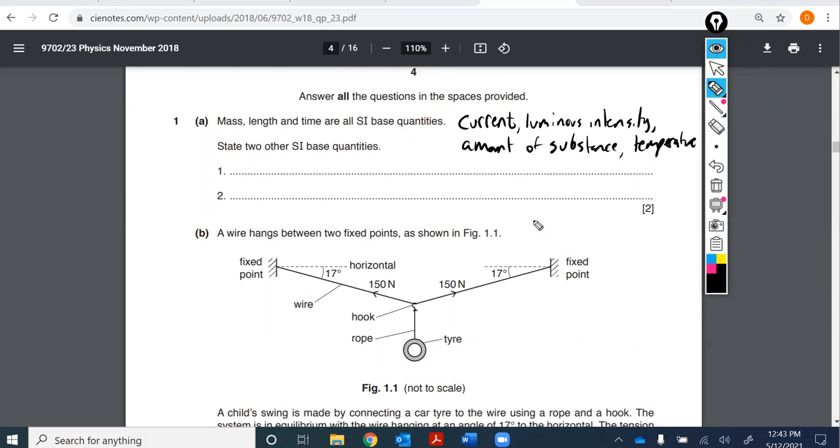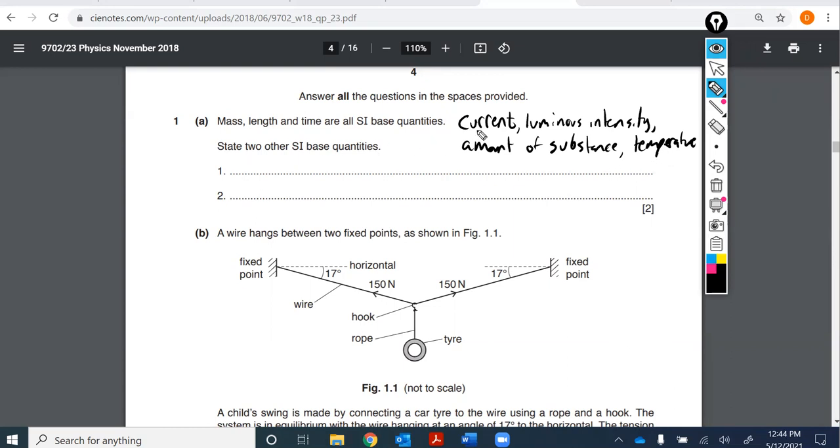So that's all of them. Let's go through all of the base units. So we already said mass is kilograms, length is meters, time is seconds, current is amp, luminous intensity is the candela, amount of substance is the mole, and temperature is Kelvin.